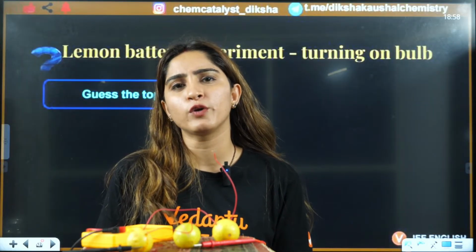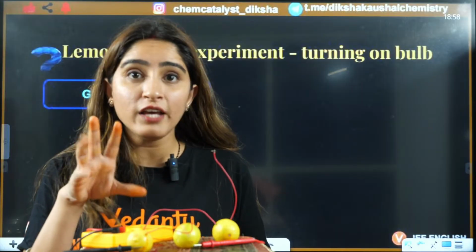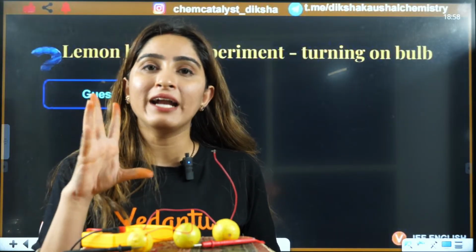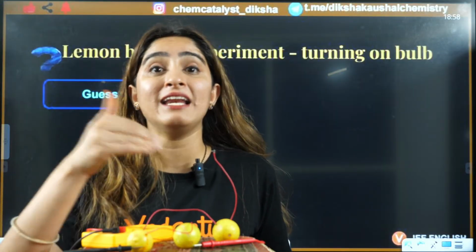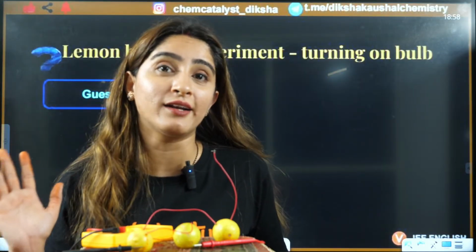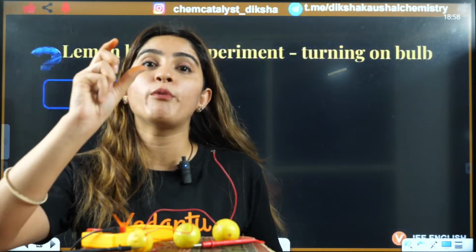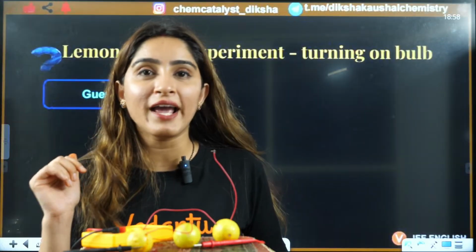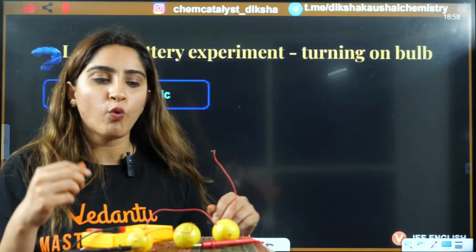Ideally, when you have a fresh lemon, it is giving you 0.5. So for 5 volts, you need to have 10 lemons in series, then you will get around 5 volts. Then only you can light up a 5-volt bulb. Otherwise, with 1 lemon, it's not possible. It doesn't have that much voltage. The voltage is very less.